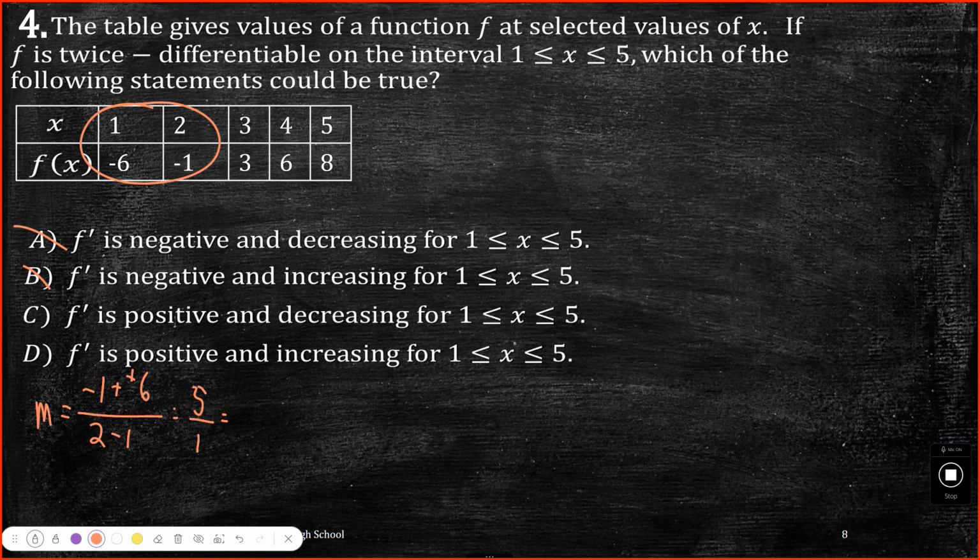So is it decreasing or increasing? Here the slope is 5. Let's do this one. What is it going to do there? So the slope is going to be 8 minus 6 over 5 minus 4, with f of x on top. Which is going to be, slope is what?